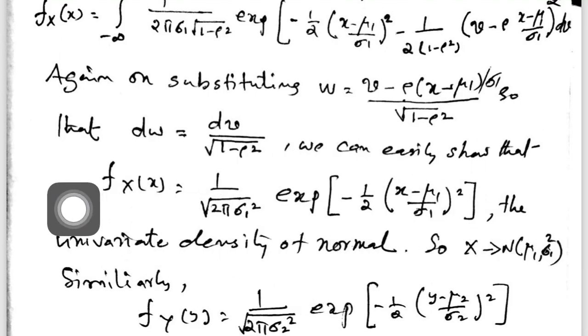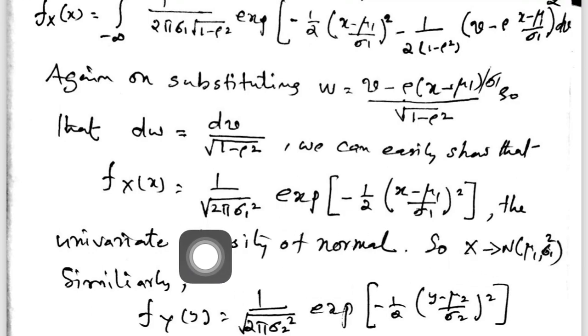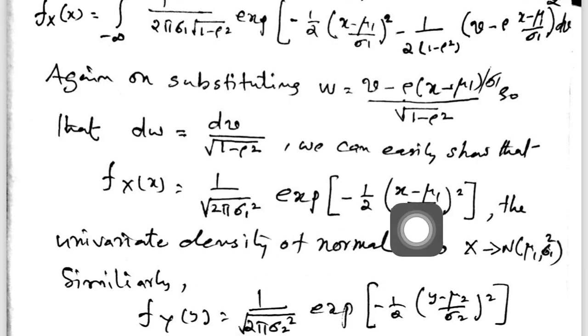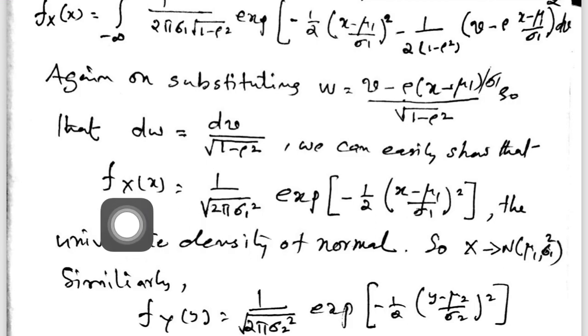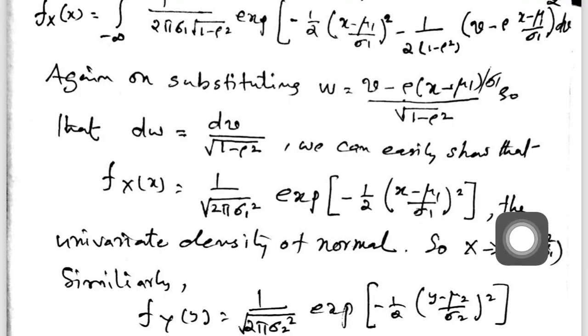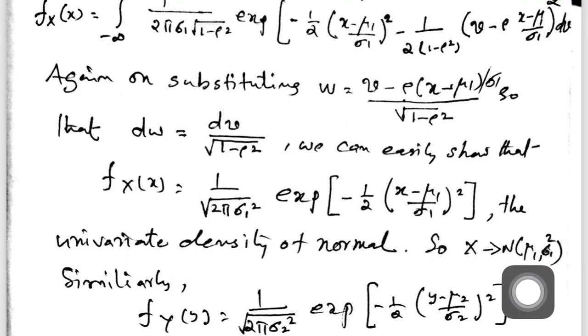By seeing this form, this density is nothing but the density of a normal distribution with mean mu 1 and variance sigma 1 square, or standard deviation sigma 1. So the marginal distribution of x is again a normal distribution whose parameters are mu 1 and sigma 1.